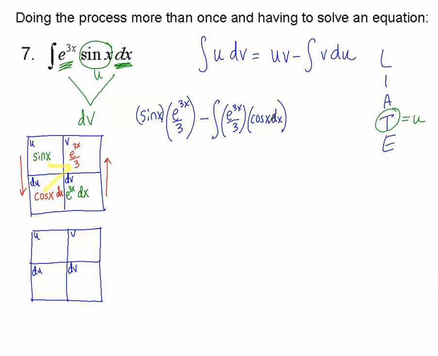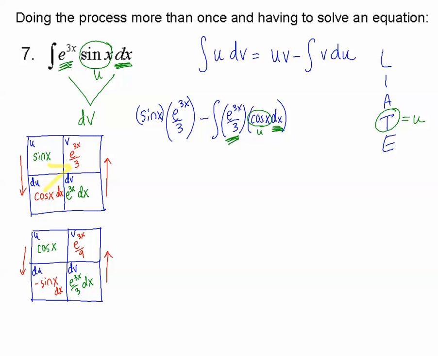Again, we have trig, so again, that'll be my u. Cosine of x, everything else will be my dv. E to the 3x over 3 dx. Let's take our derivative, negative sine x dx, and our antiderivative, e to the 3x over 9.